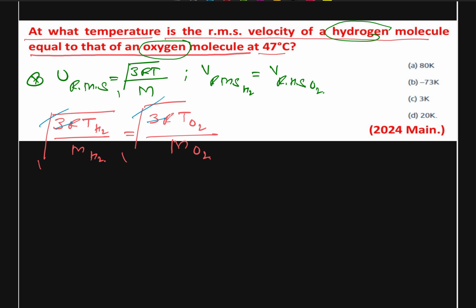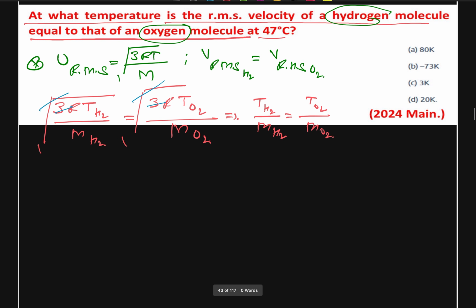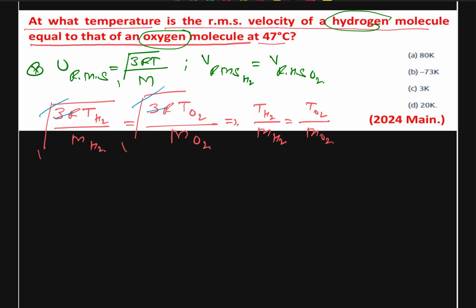And from here we get that the temperature of hydrogen over the molar mass of hydrogen is equal to the temperature of oxygen over the molar mass of oxygen. We need to find the temperature of hydrogen.